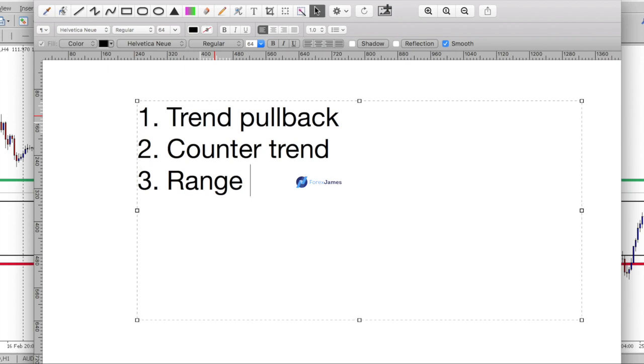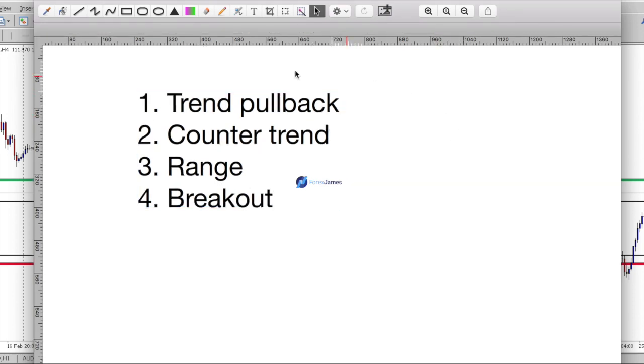You are simply bouncing off the floors and ceilings when price is going sideways. And lastly, it's a breakout trade. Okay, in my own findings, all your strategies and your reasons for entries come down to these 4 types of trades.